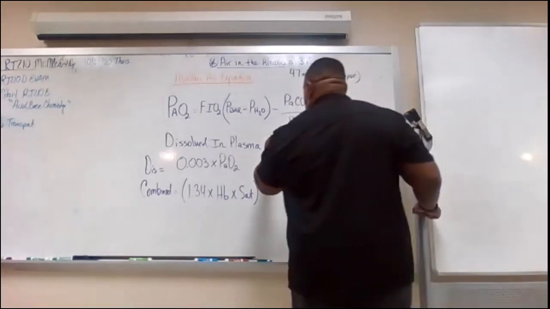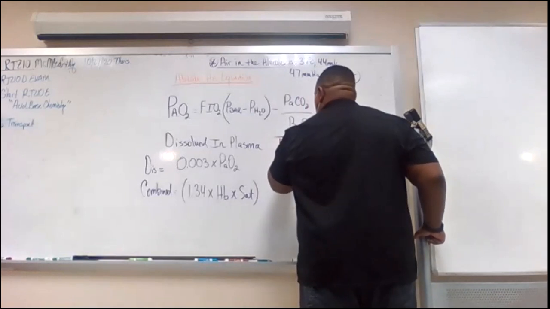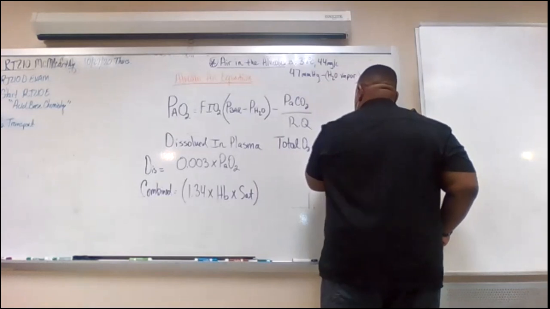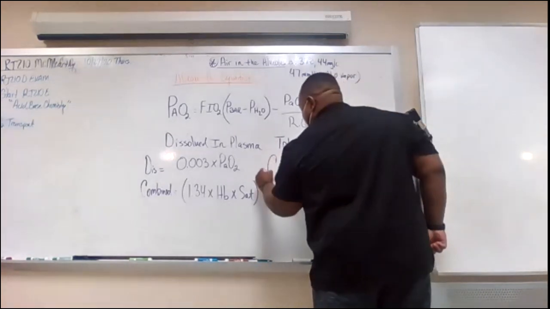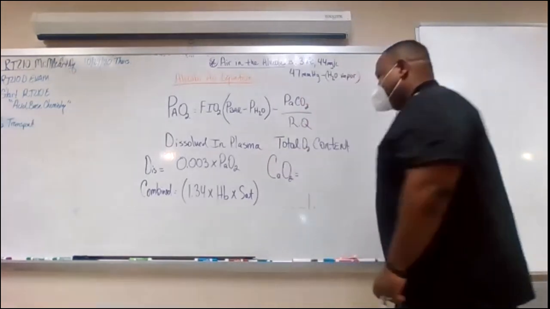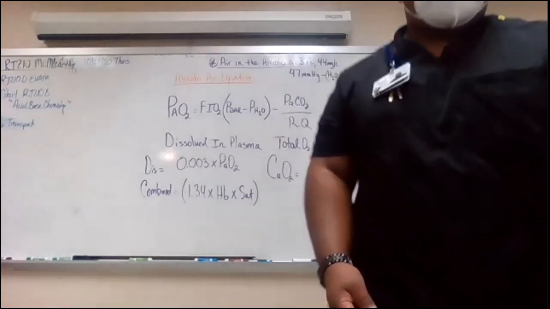And then the total O2 content is C little a O2. C little a O2 is the formula for total oxygen content.